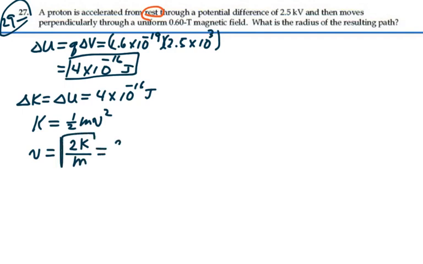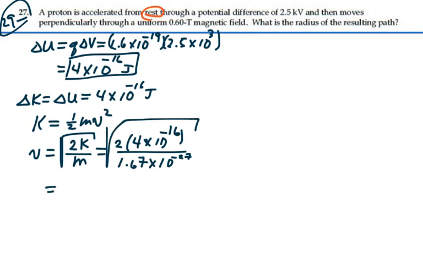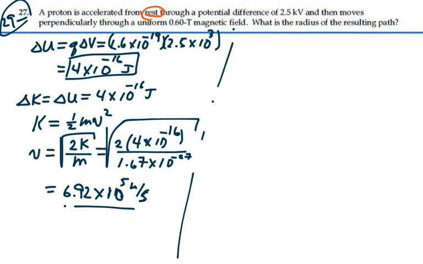That's going to be 2 times this 4 times 10 to the minus 16 joules over the mass of the proton, 1.67 times 10 to the minus 27, all this square root, and that's equal to 6.92 times 10 to the 5 meters per second. That's the velocity of this proton. Nice to know. Always wanted to know that.